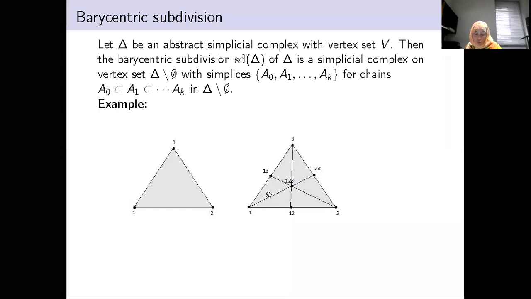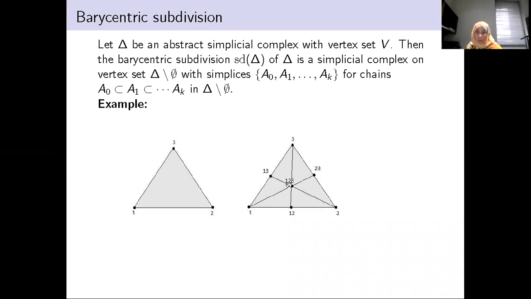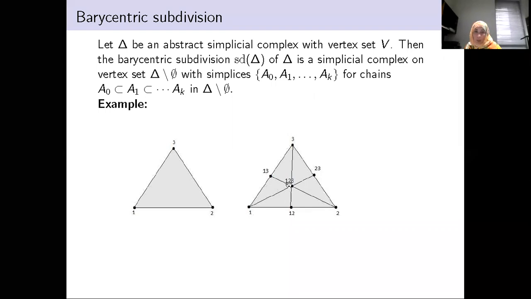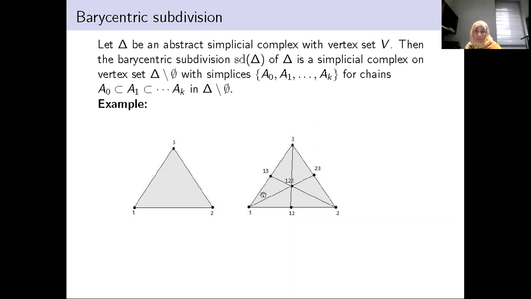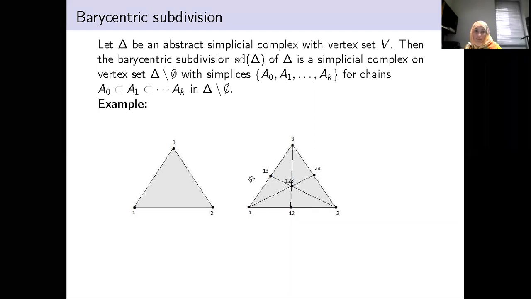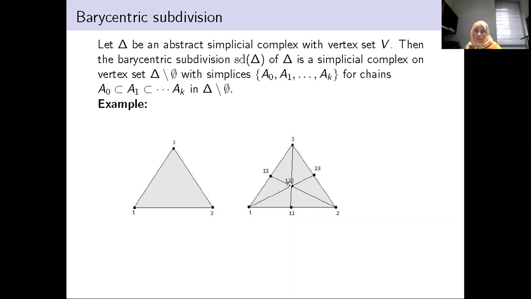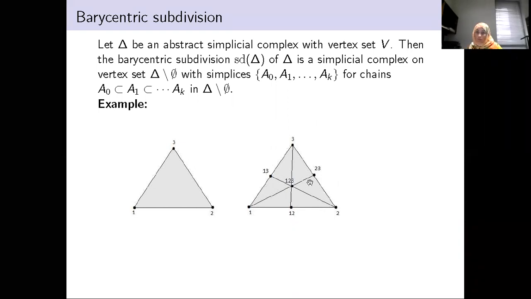And this is a two-dimensional face because you have this chain 1, 13, and 123, right? So corresponding to each chain, you have a simplex, for example the chain 1, 12, 13, 123. The rest is similar.